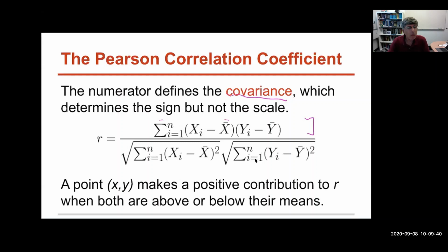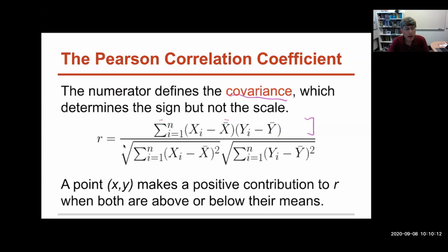The rest of the correlation coefficient is dealing with the variance of the values. Remember we talked about the variance. The key term there was the sum of squares of the difference between the element and the mean, and the square root of that was the standard deviation.